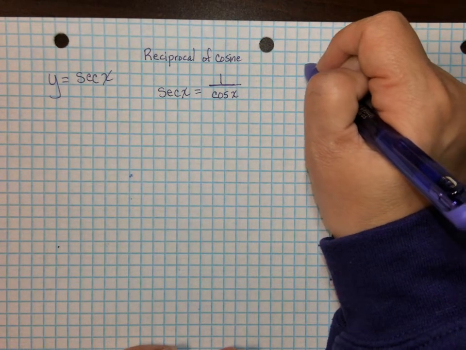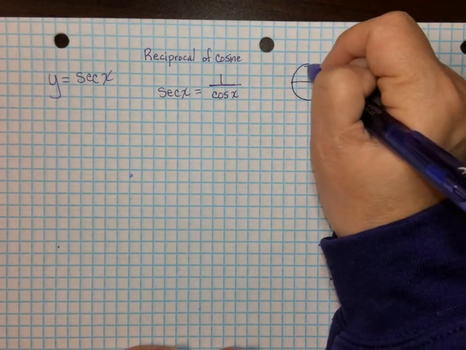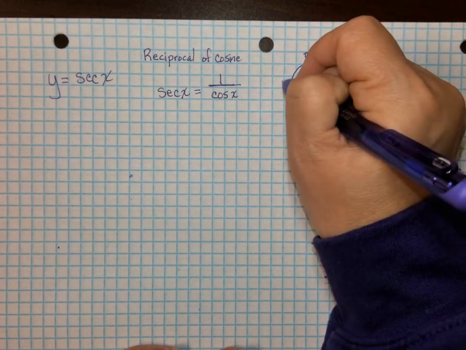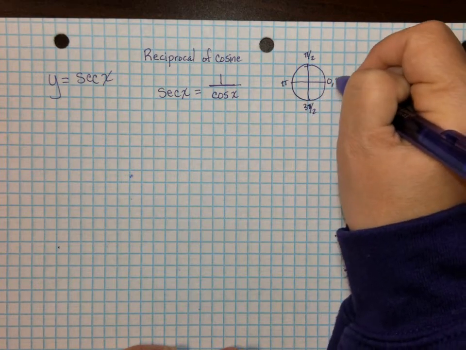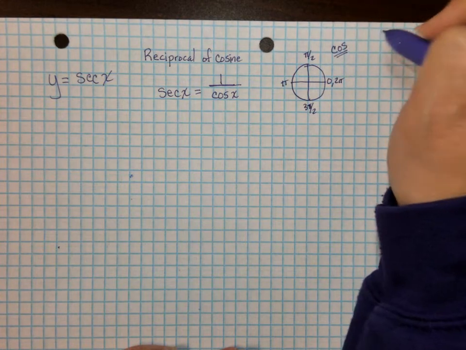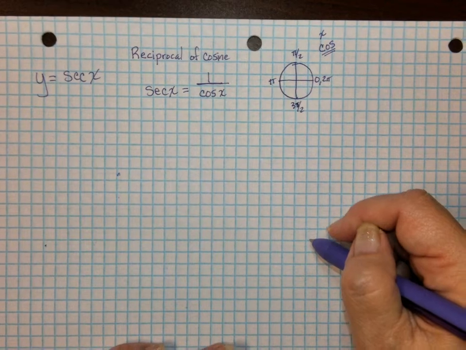And so again, we're going to tie everything back to our unit circle. Remember, you're at 0, pi over 2, pi, 3 pi over 2, back up to 2 pi. And if we're looking at a cosine, we're looking at the x values there, right?